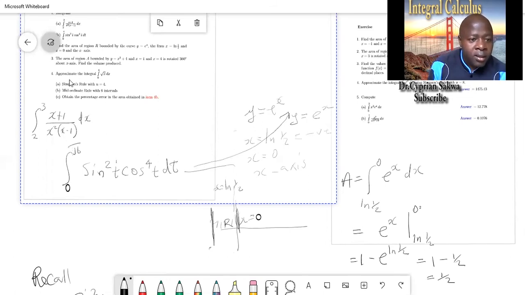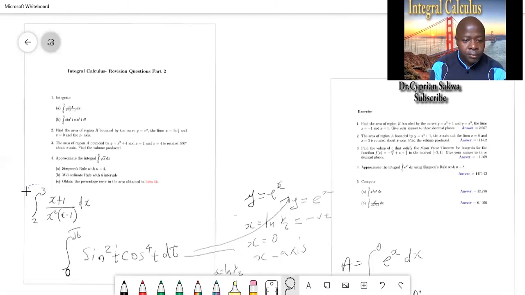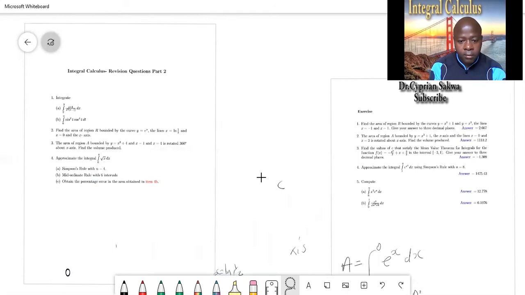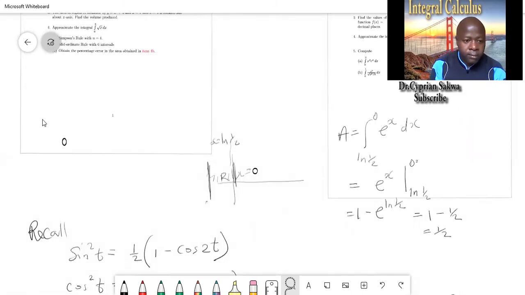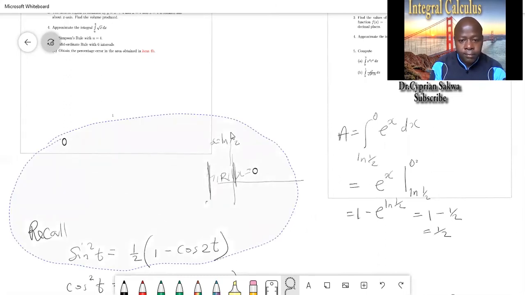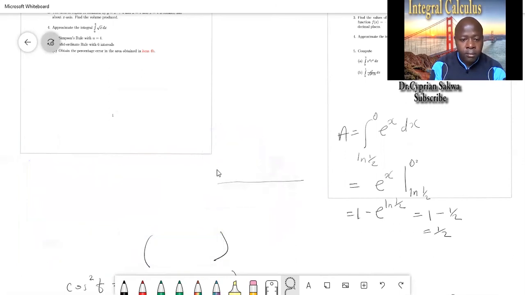So for our third question, we create space for it.